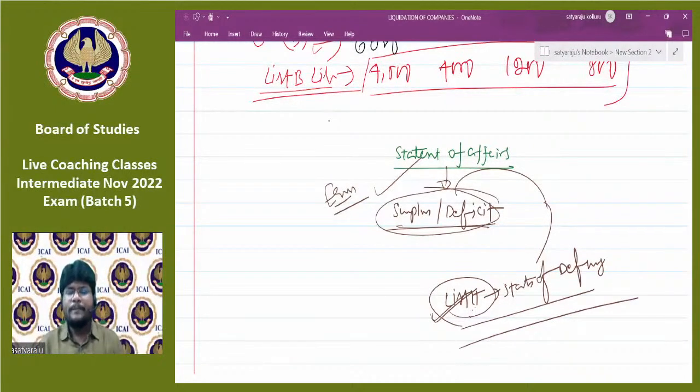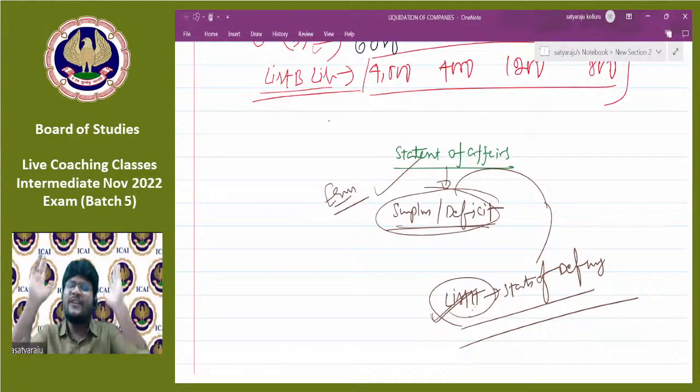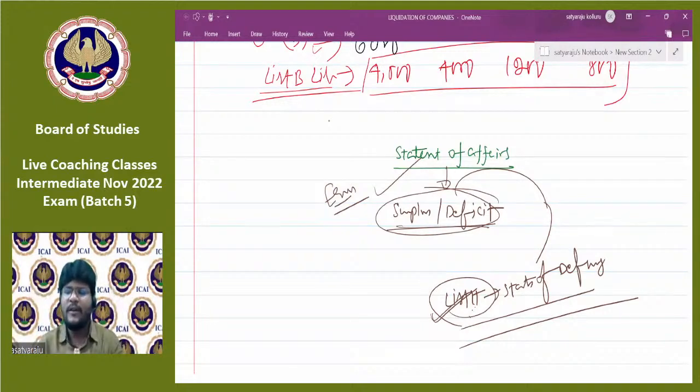Now, all of you, equity shareholders, if they got the surplus, why are they getting surplus? If equity shareholders end up with deficit, why in general do they end up with deficit? Just I am asking you. Sir, if the company is attaining profits continuously, they may get the surplus. Or maybe not operating profits, maybe abnormal profits.